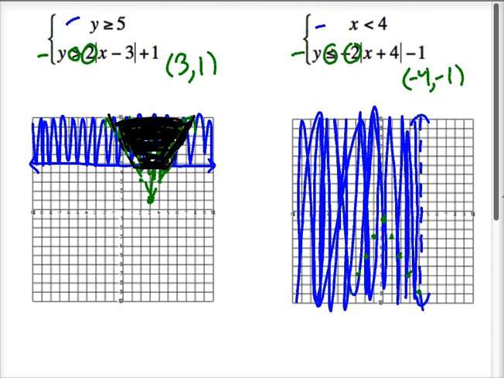My inequality sign is telling me I'm going to get a solid line. And now I'm going to do my double shading. The double shaded region is right down here.